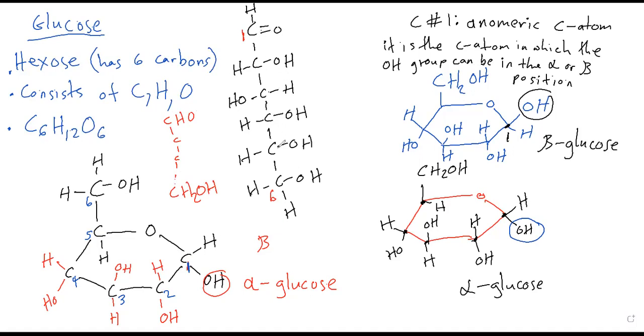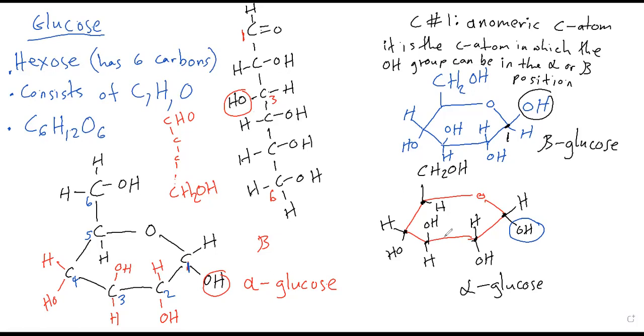All right. The important thing to note here is the position of the OH group on carbon number 3. So this is carbon number 3. Notice every other OH group is pointing to the right, but on carbon number 3, it is pointing to the left.